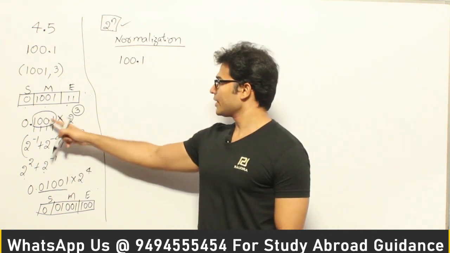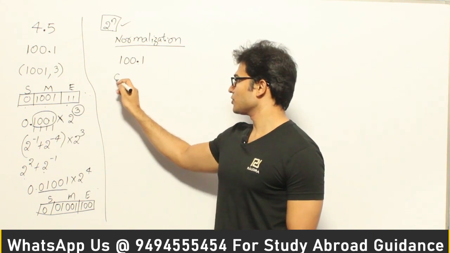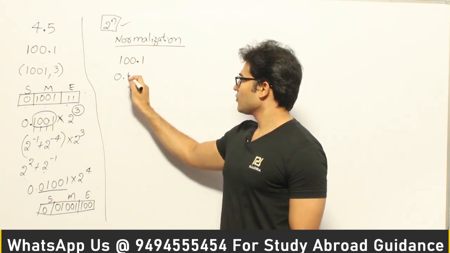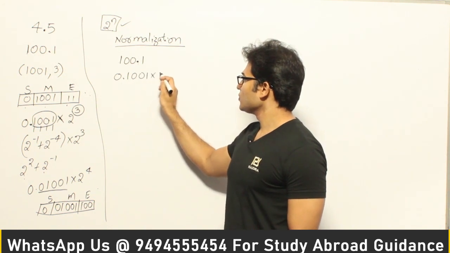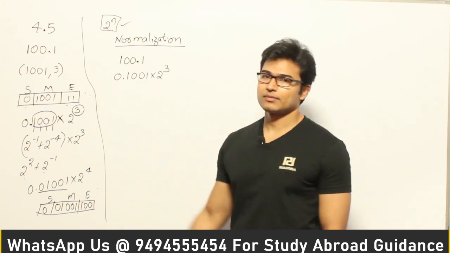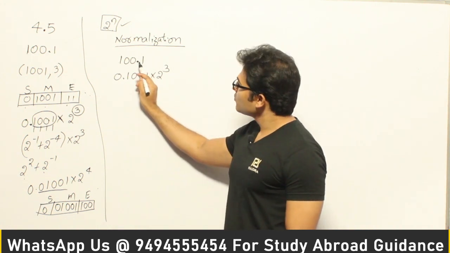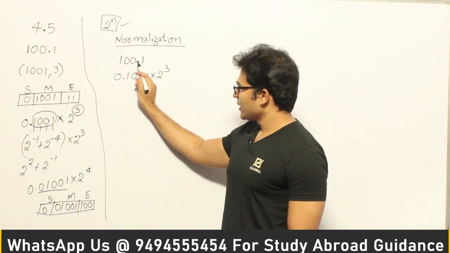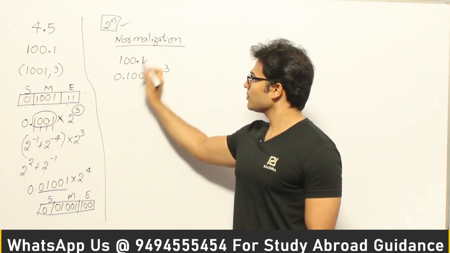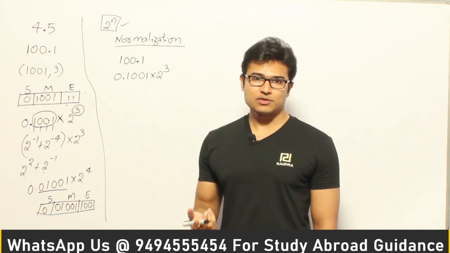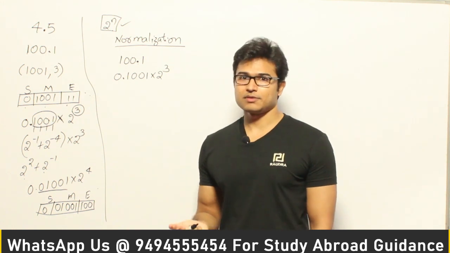Therefore for this one, the correct representation is going to be 0.1001 into 2 power 3. Got it? So if you move this radix point exactly before the most significant one, this is called normalization, and more specifically it is called explicit normalization, right?